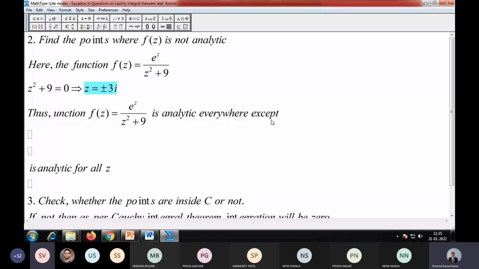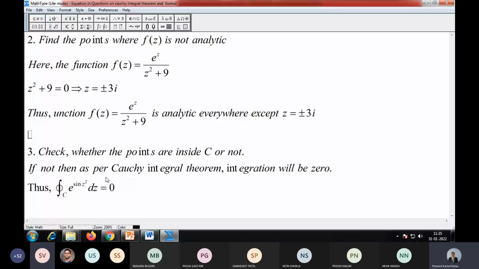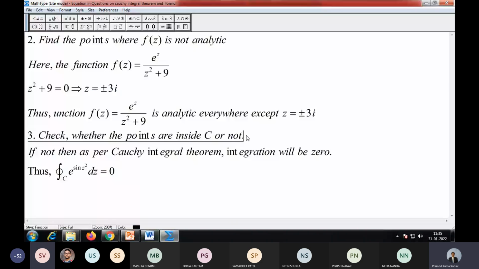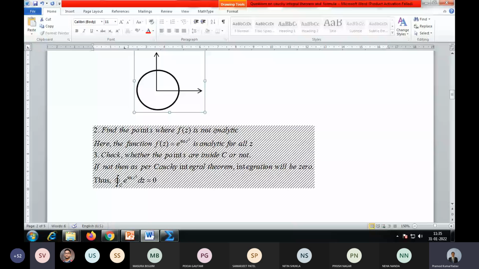Then what was the third point? Check whether the points are inside C or not. How to check? We take the distance of this point from the origin, the center of C, that is the center of the circle.